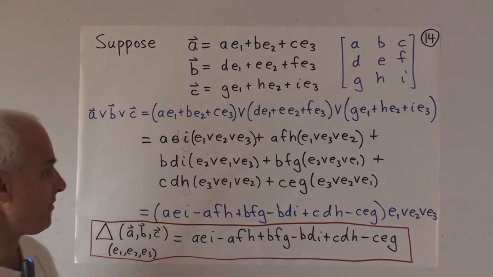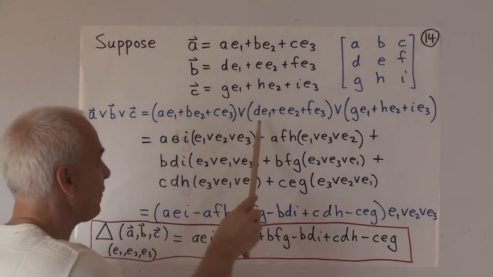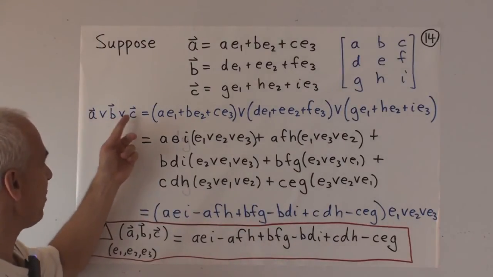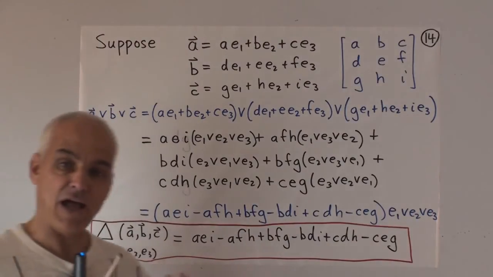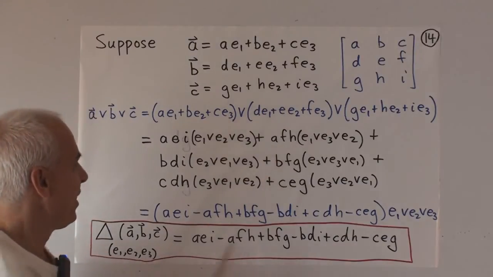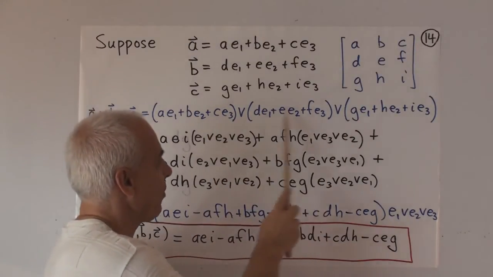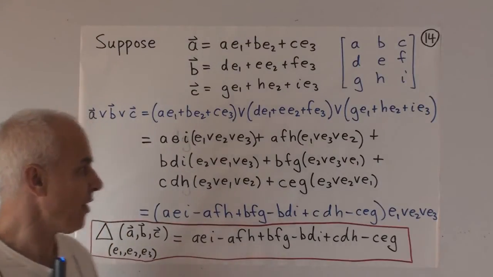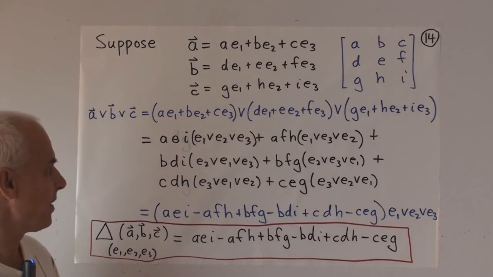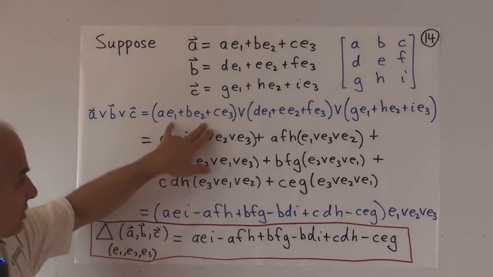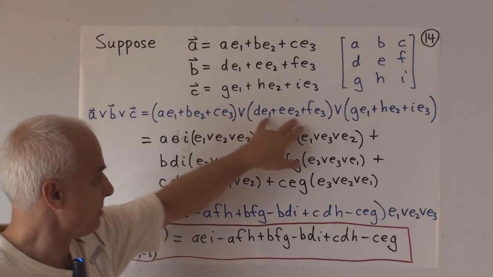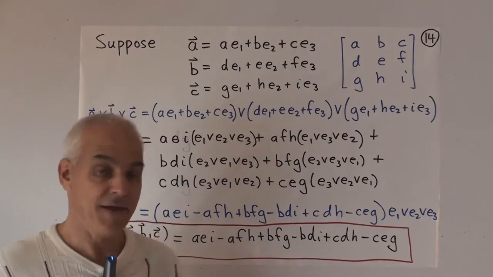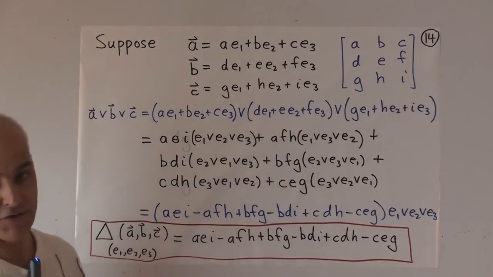And to compute the volume of that box, we compute the trivector formed by taking A wedge B wedge C. And it's a purely algebraic computation. There are the 3 vectors, and we're wedging them together. And now we're going to use the algebraic laws for these wedges. The crucial thing is that there are not 27 terms, 3 times 3 times 3 like you might think, because most of those are 0.